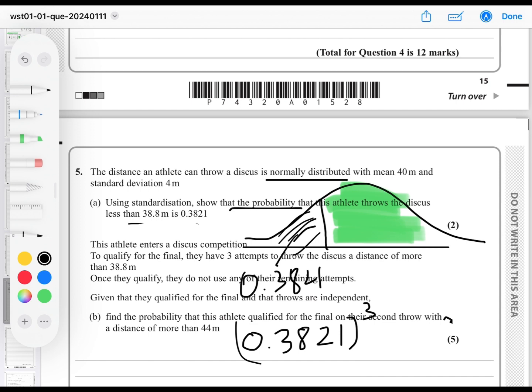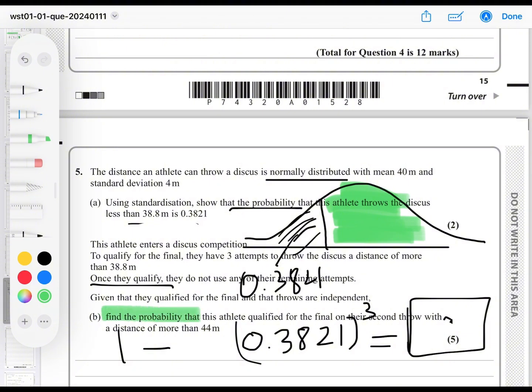Then you know that the total probability is 1. So I will subtract this from the total probability, and then I will get the probability of the success, which means that he will qualify. What they have asked here is to find the probability that this athlete qualified for the final.